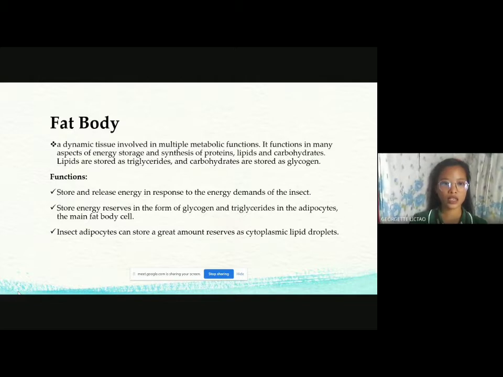Next is insect adipocytes can store a great amount of reserves as cytoplasmic lipid droplets. Yung insect adipocytes naman is nakakapag-store siya ng maraming amount as to the cytoplasmic lipid droplets.